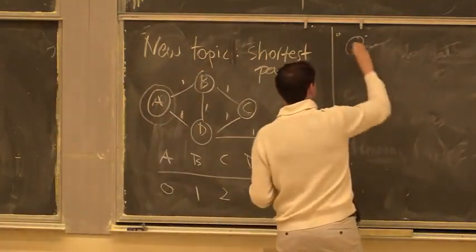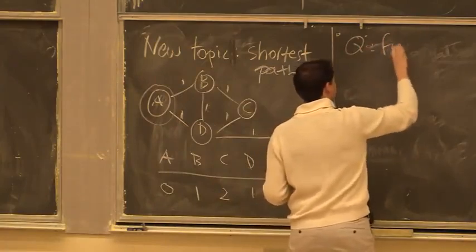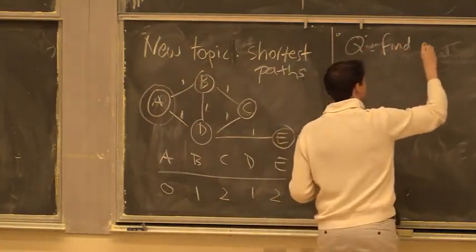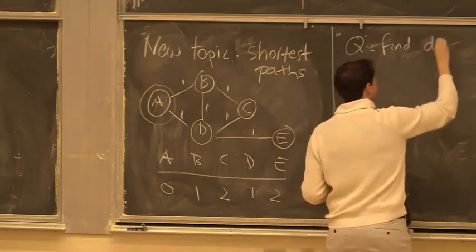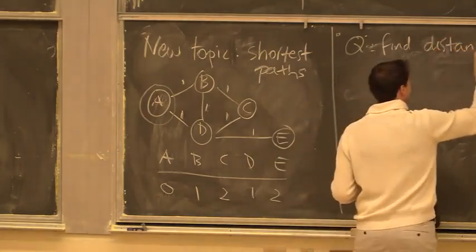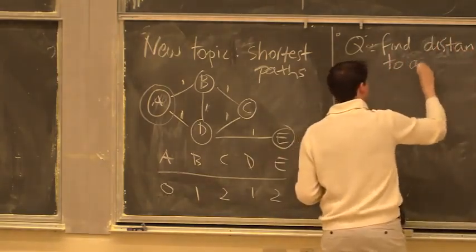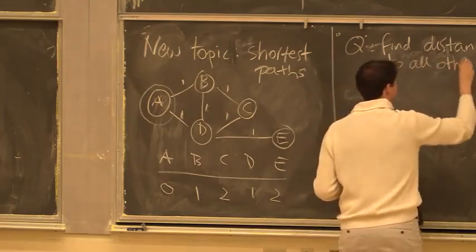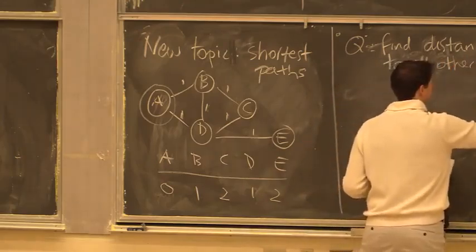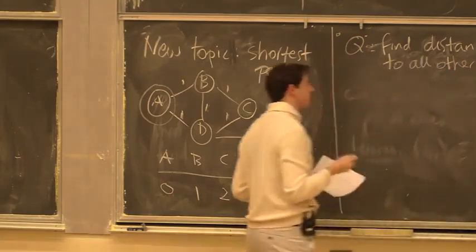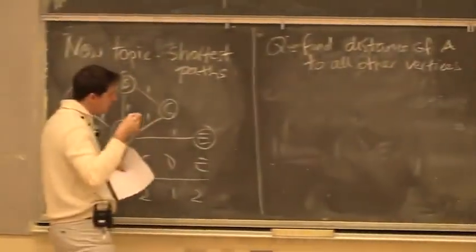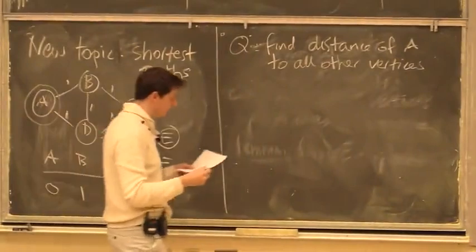So the problem is: find the distance of A to all other vertices. It's not just can you get there, but what is the shortest number of steps you take to get there.